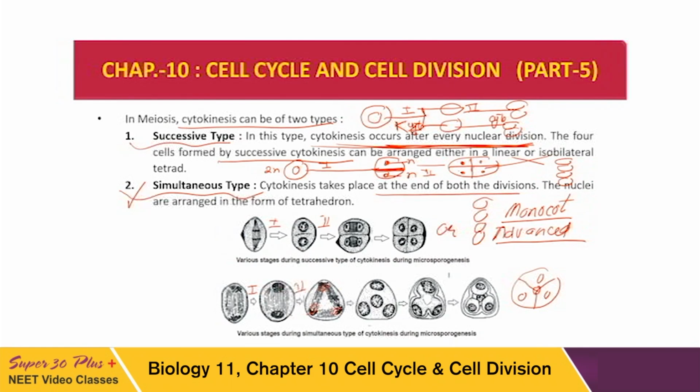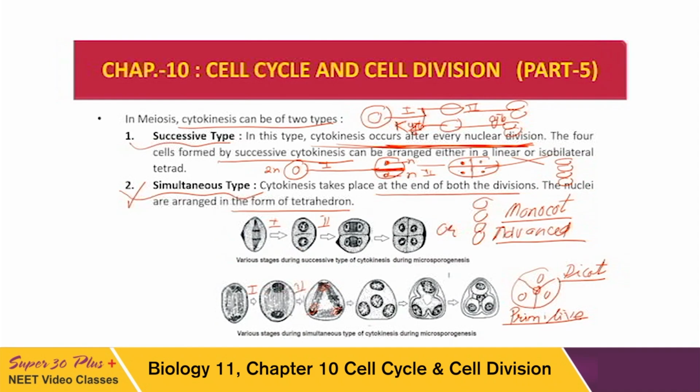This is called the simultaneous type. The four haploid cells are arranged in a tetrahedron. Such an arrangement is most common in dicots, and this is comparatively treated as the primitive type of cytokinesis.